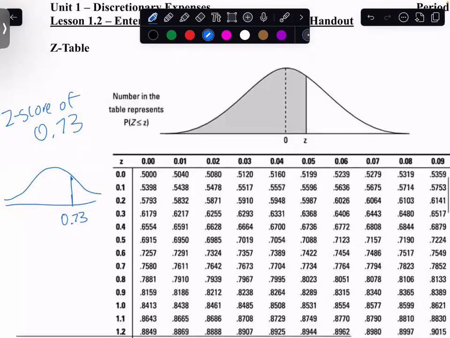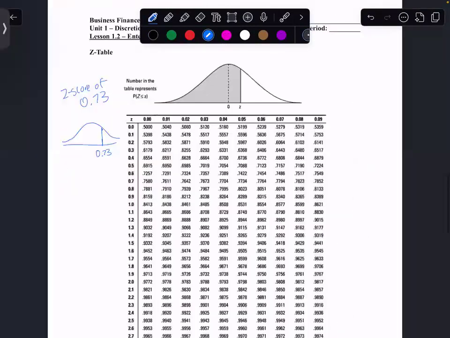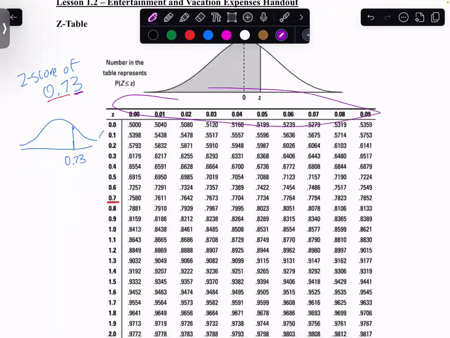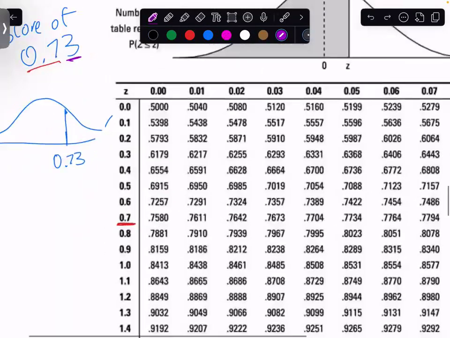Okay, what you would do is the ones and the tenths place come from the left column, right? So because it starts 0.7, you would look for 0.7. Okay, here it is. And then the hundredths digit is from the top columns. So the hundredths digit is a 3, so you would look for the 0.03. Then you find where they intersect.